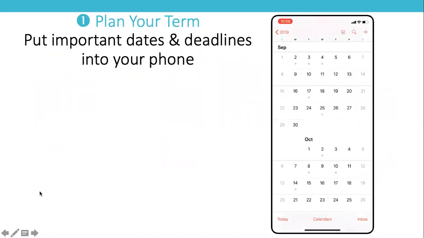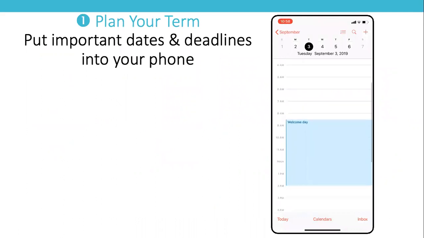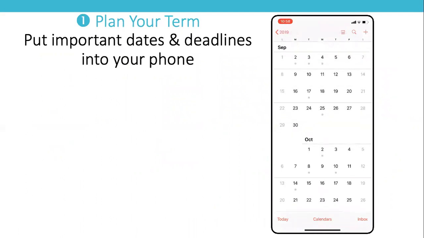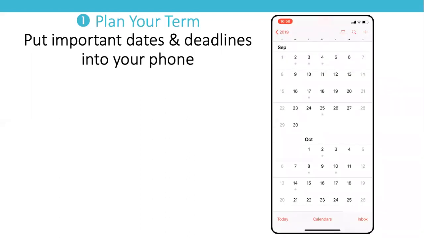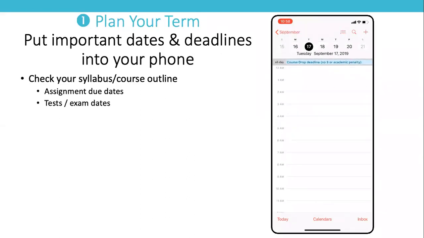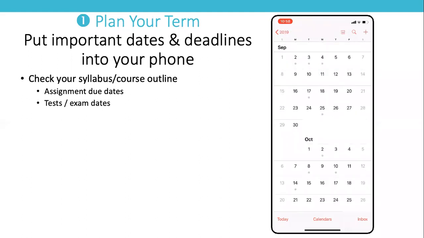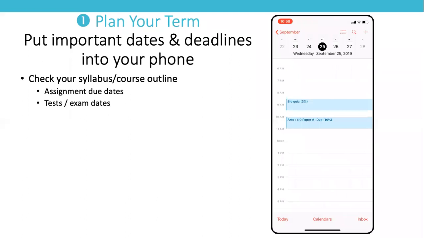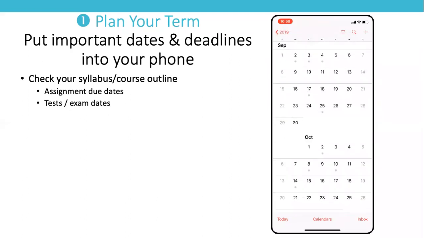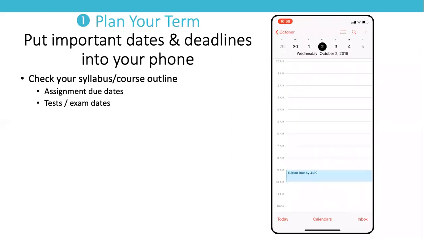Maybe Yelena can tell us a bit about planning for the term. Yeah, so as Chiadza said, the first thing you want to look at is that big picture, and we're going to work through planning for your term into some smaller, more manageable tasks. The first thing you want to do is put all of the important dates and deadlines into your phone. You may not use your phone as your organizer.